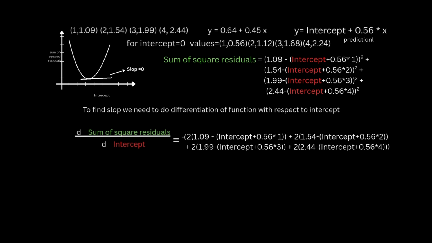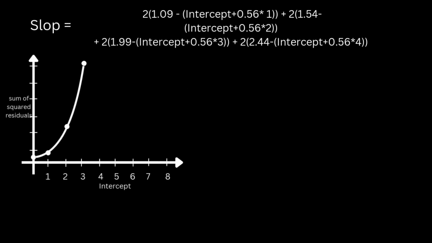So after this formula, let's see. Now let's try to find the slope for intercept equal to 0, because that's where we got the lowest error, right? So let's find the slope at intercept equal to 0, and after calculation we get 4.74.